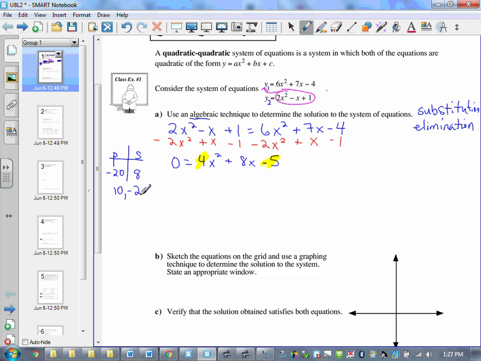Awesome. So now what do we do with that information? Nice. So we are breaking down, we're decomposing our middle term 8x with these two factors.